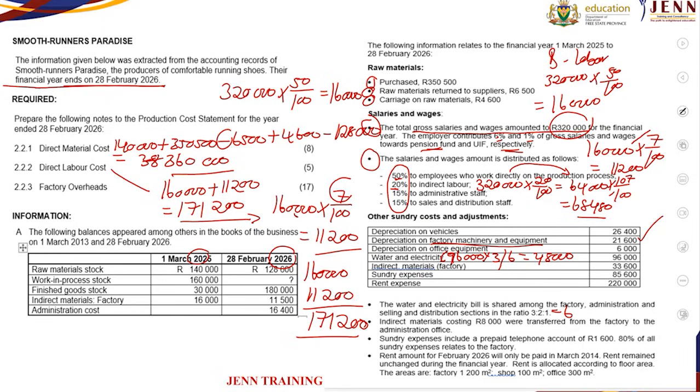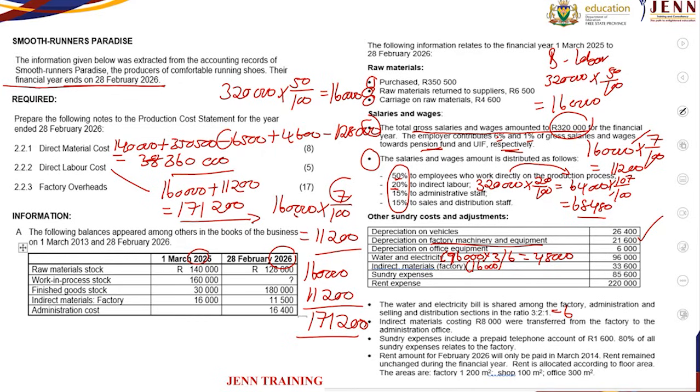Now we go straight to indirect material. You can see that the indirect material, as I explained, we can still use that formula that we applied before, where we are going to start with the opening balance. When you go to your information, indirect material, we open with 16,000.